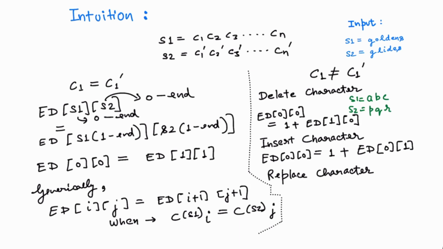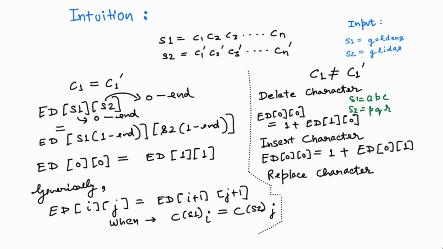Now the third and the final case is when we replace the character of the string 1. Again, let's understand with this example. Now the first characters are not matching, A here and P here, and we have opted for replacing the character of the string 1.